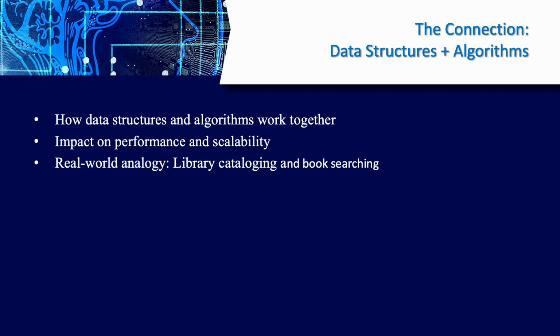If you want to use binary search, your data must be sorted and ideally stored in an array. Okay, if you use a linked list instead, the algorithm won't perform well because it might even become useless, because it cannot jump to the middle directly.